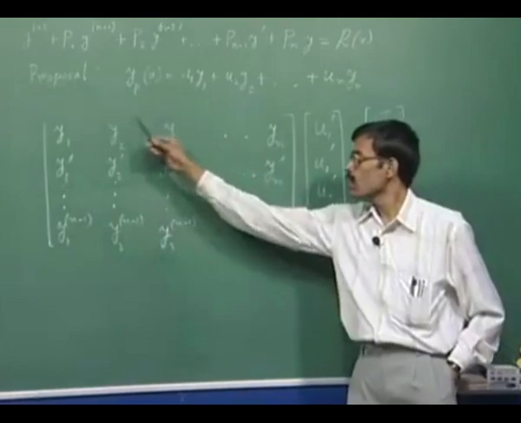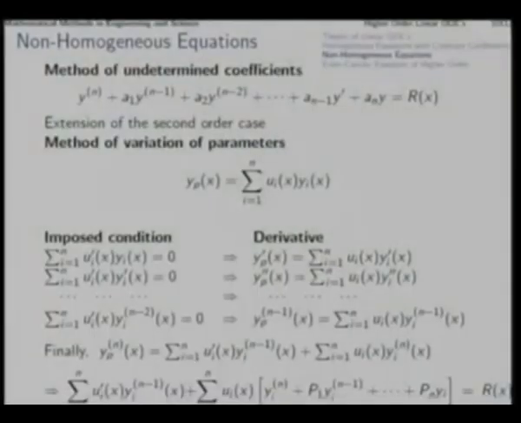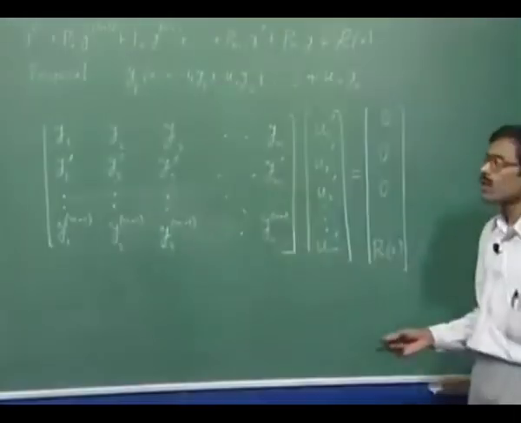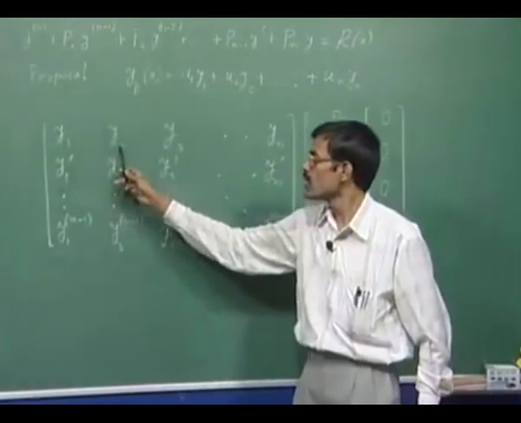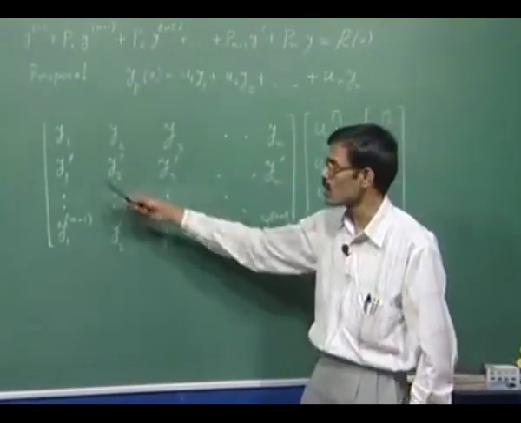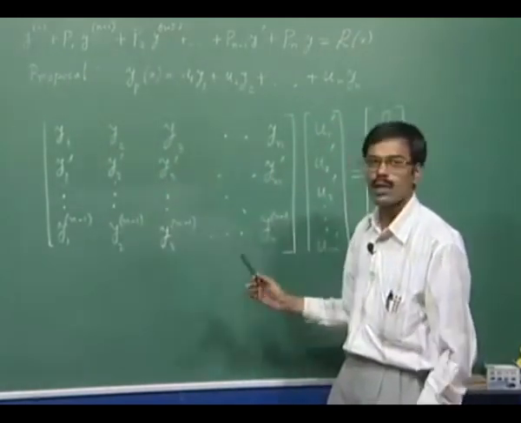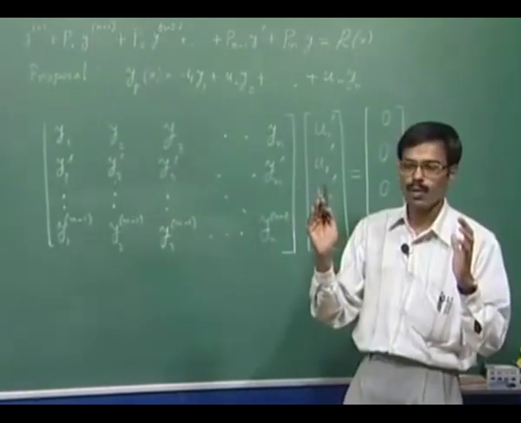And what is the matrix sitting here? This is our old friend, the fundamental matrix capital Y that we constructed from the state vectors of these n linearly independent solutions of the corresponding homogeneous equation. These are the columns. So, here is our fundamental matrix capital Y of x.